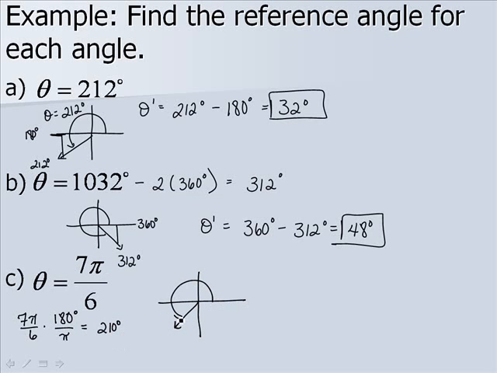So this is 7 pi over 6. Remember that instead of 180 degrees here, this side will be pi, and we need to find our reference angle, so theta prime will be 7 pi over 6 minus pi, so we end up with a value of pi over 6 when we subtract.